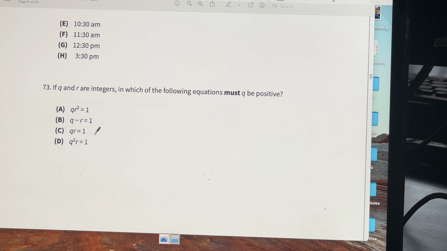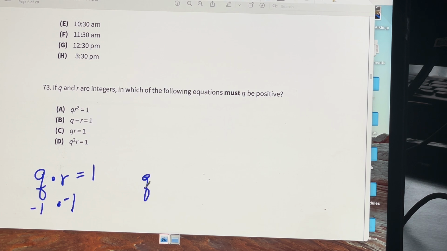So let me take an example. Let's do this one. Q and R equals 1. So do I need Q to be positive in order for this to be true? Well, if R is -1, Q has to be -1, right?